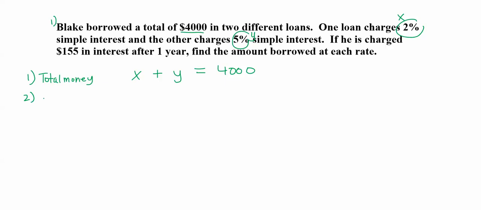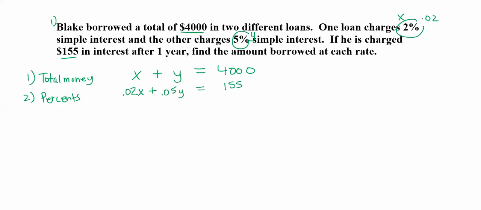Our second equation is going to be the one with the percents. So you take your percents 5 and 2, so let's take the 2. 2% is 0.02, so put it with x, 0.02x plus 5% is 0.05, put that with y, and let that equal the total amount charged in interest, equal to 155.